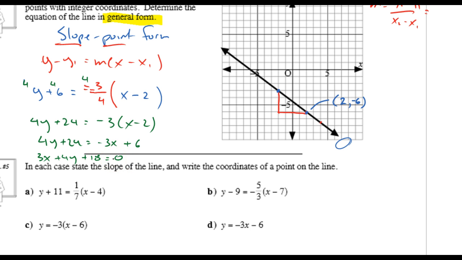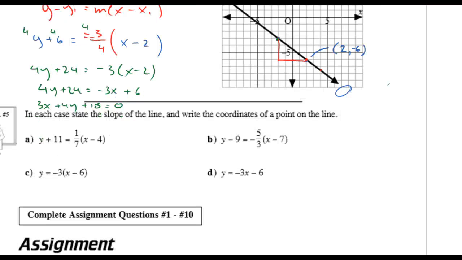And again, I could have used this coordinate over here, and I would have ended up with the same equation in general form. So double check that if you want to make sure that you're going to get the same equation. All right, let's keep going.